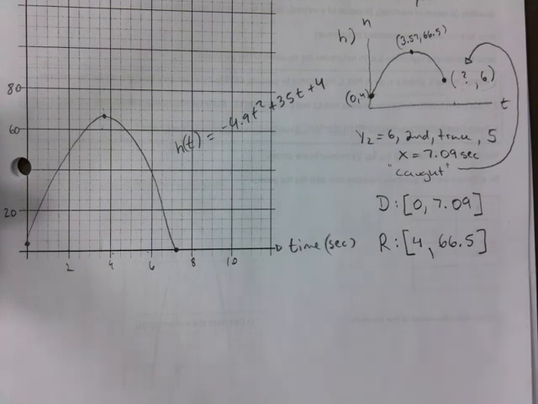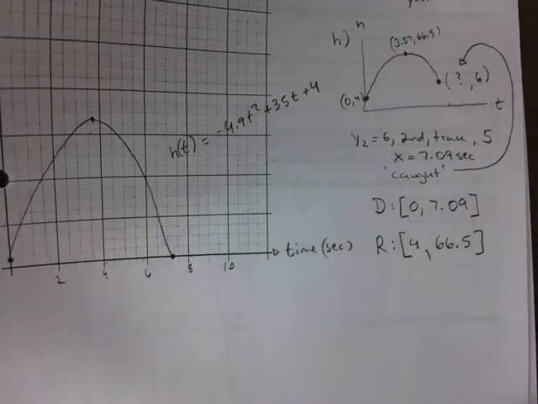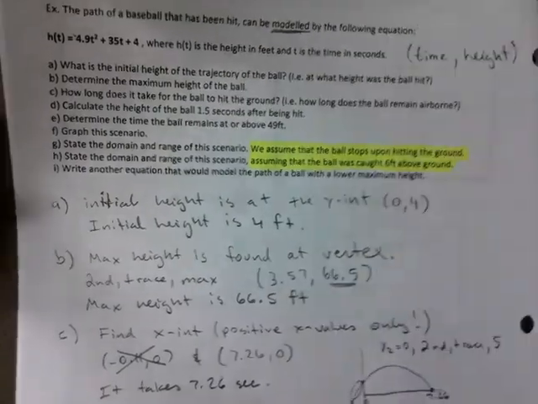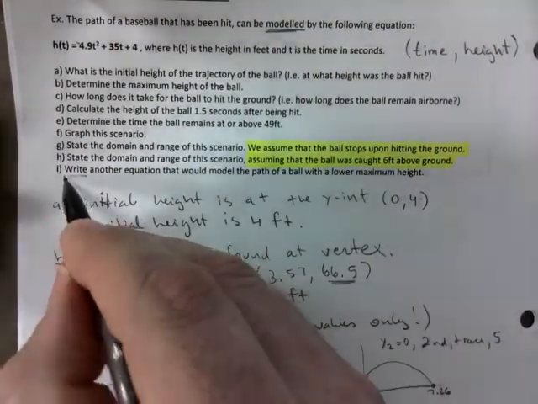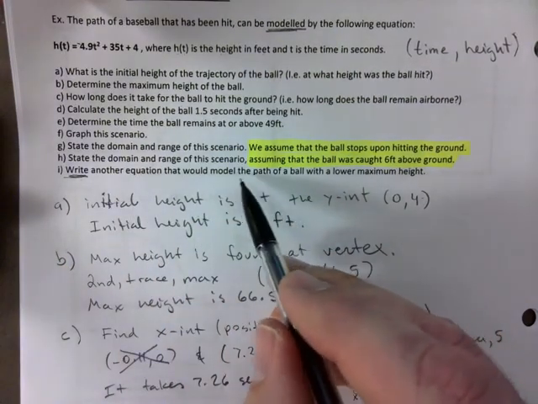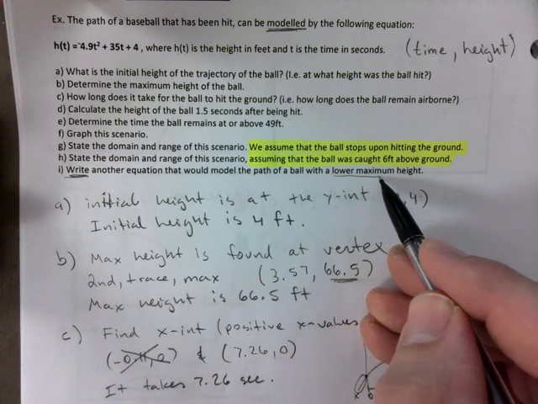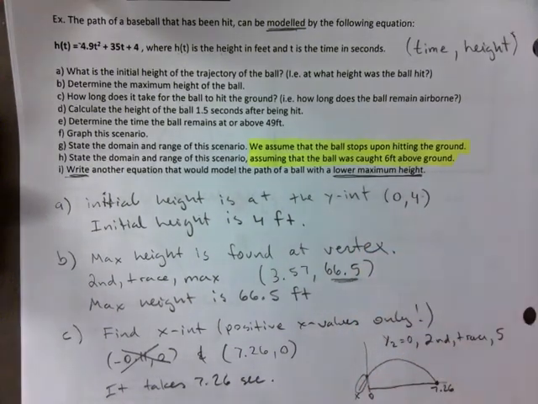And we're almost done, right? 7 minutes left. So I just want to finish that one. Write another equation. You have to write another equation, right? That would model a path with a lower maximum height. A lower maximum height.